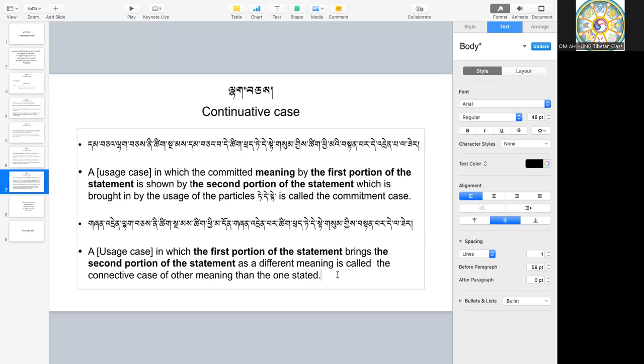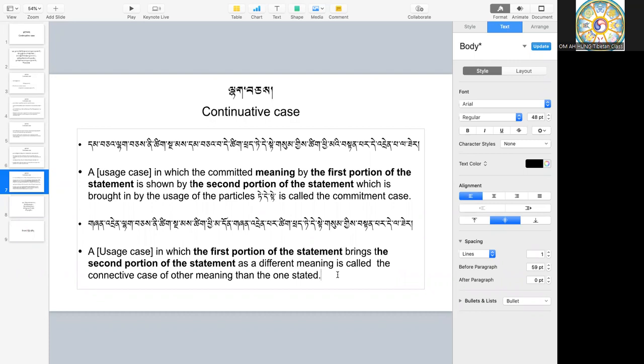Finally, the connective case of other meaning than the one stated is a usage case in which the first portion of the statement brings the second portion into the entire narration with the usage of the particle te, te, te. But in this usage case, it has nothing to do with conjoining 2 actions or 2 names.